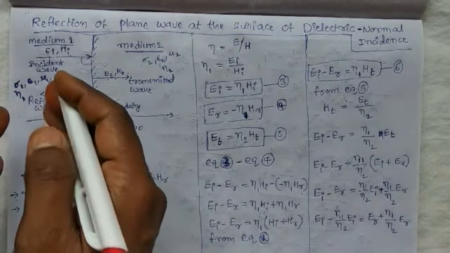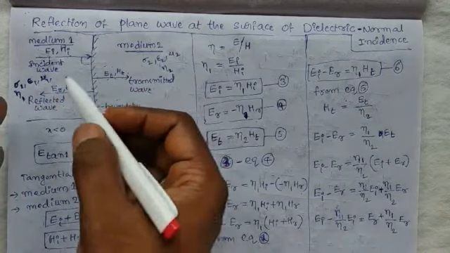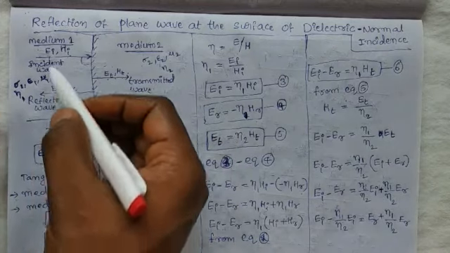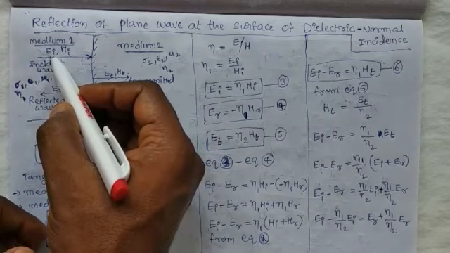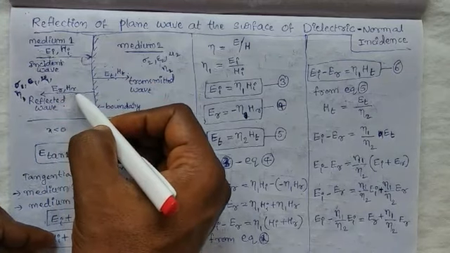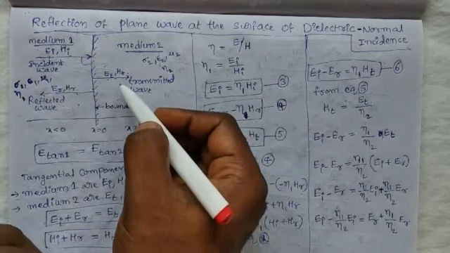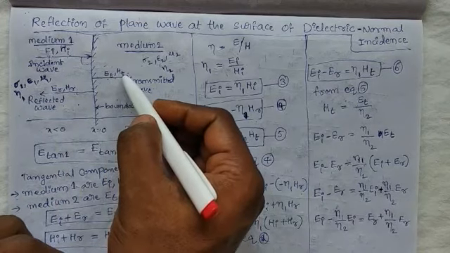What are the tangential components? The tangential components in medium 1 are EI, HI, ER, HR, which are parallel to the boundary. Similarly, the tangential components in medium 2 are ET and HT.